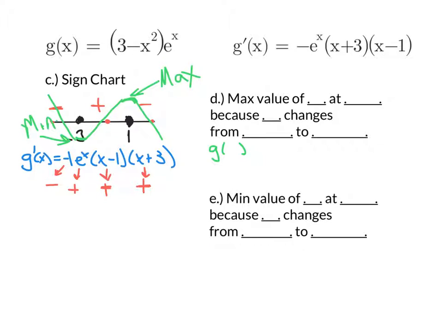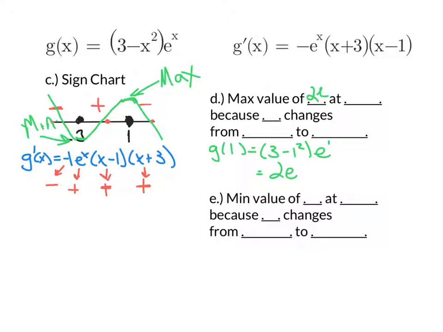The maximum value, we said, happens when x is equal to 1. So that means I'm going to have to take 1 and plug it into the original function, g of x. So that would be (3 minus 1 squared) times e to the first power, which is just 2e. So the maximum value is going to be 2e.